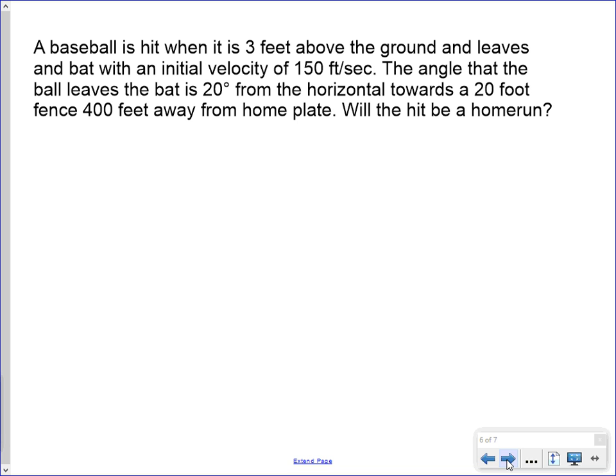That's when the ball reaches the fence. And then you could take that t and plug it into your y equation to find the height of the ball when it reaches the fence. Does that make sense? And if it's more than 20, you say home run. If it's less than 20, no home run.